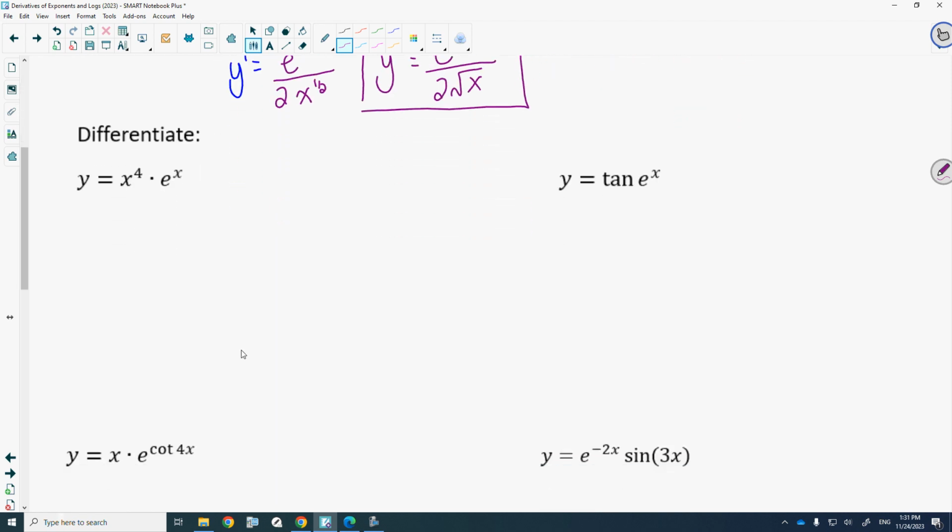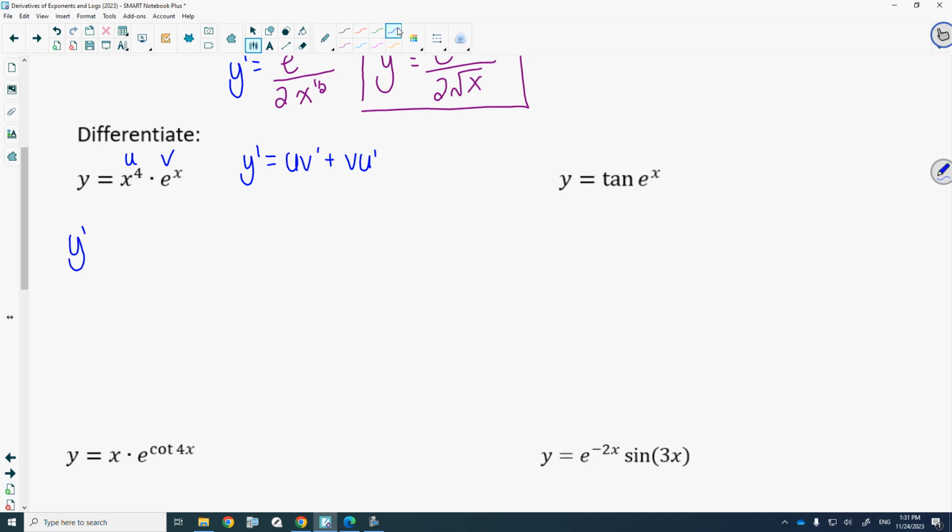Okay, differentiate x to the 4 times e to the x. So this is going to be a product law question. So here's u, and that would be v. Y prime, remember, is u v prime plus v u prime.